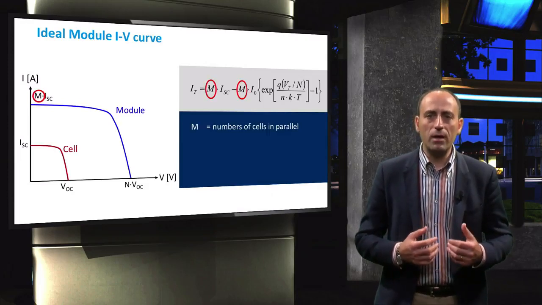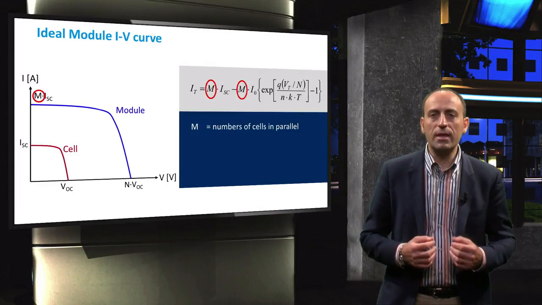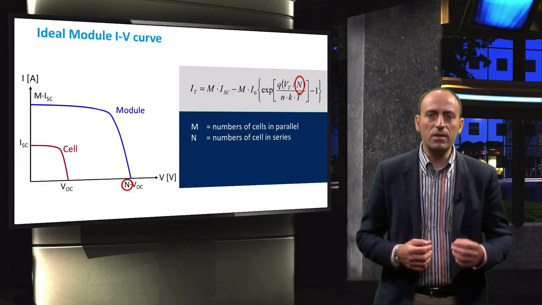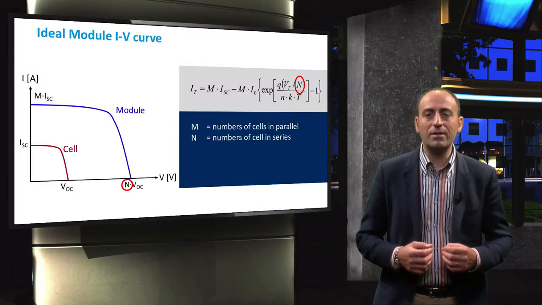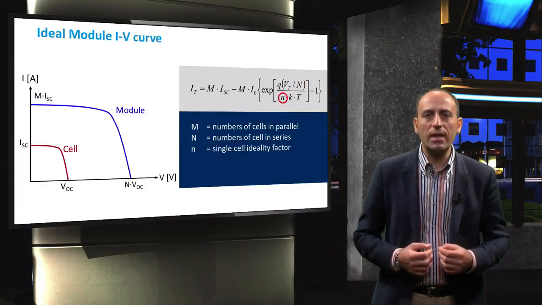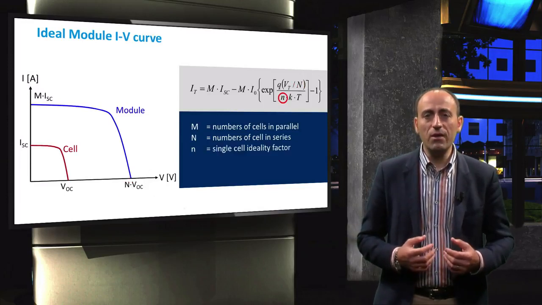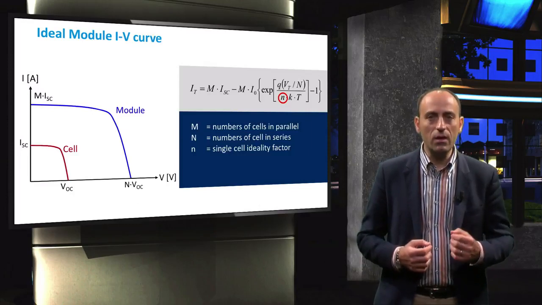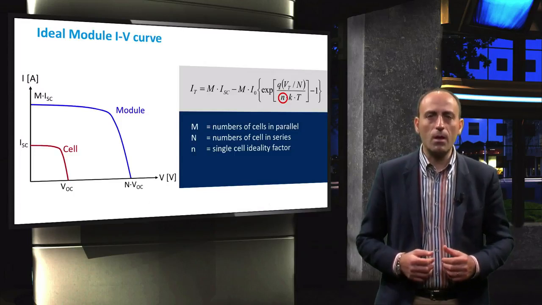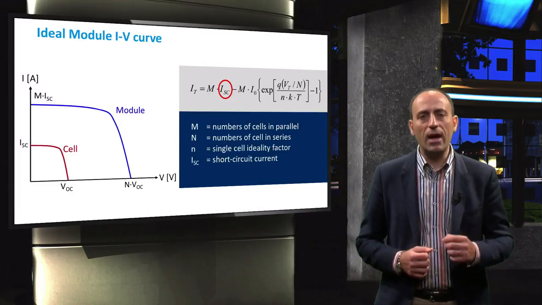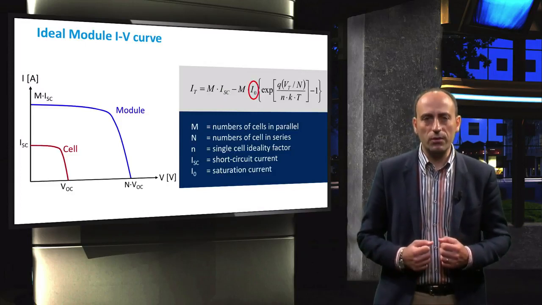The number of parallel connected solar cells is indicated by capital M, while the number of cells in series is indicated by capital letter N. The lowercase n is called the single cell ideality factor, which is justified here having assumed that all cells in the module are identical and operating under the same illumination and temperature conditions. ISC is the short circuit current of a single solar cell, and I0 is the saturation current.